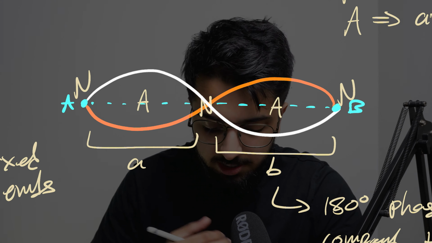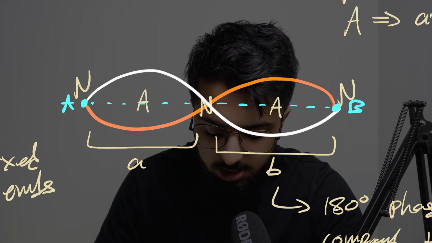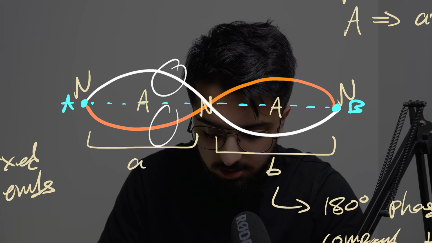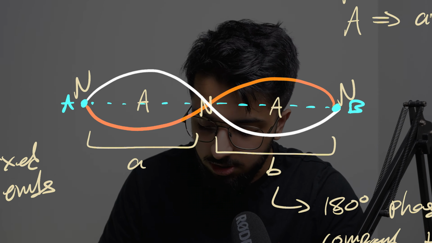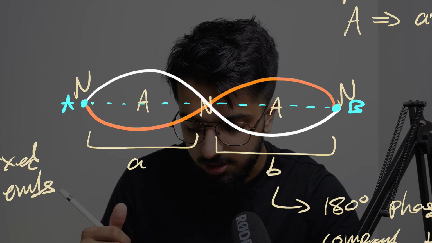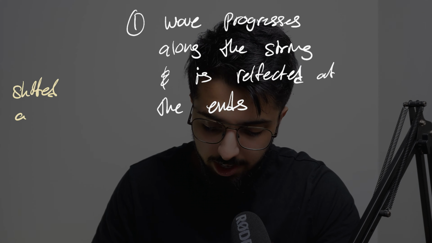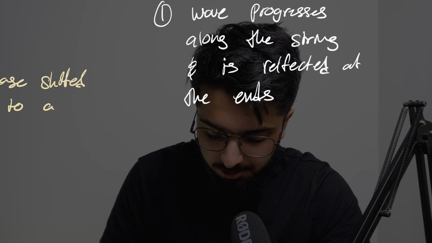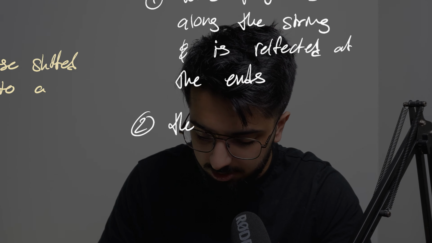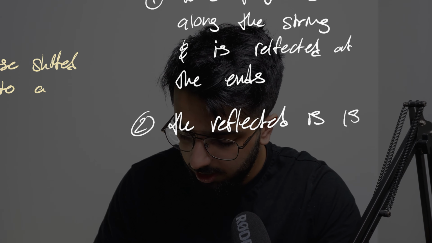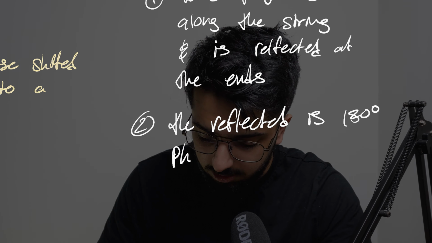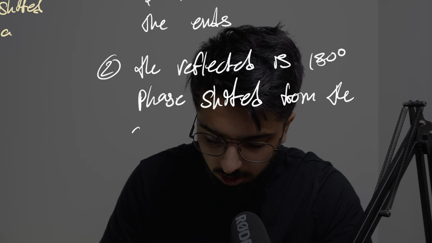That's what I've tried to depict with these white and orange lines. You can see how the orange line is 180 degrees out of phase with the white line. That brings us to our second point, where the reflective wave is 180 degrees phase shifted from the oncoming wave.